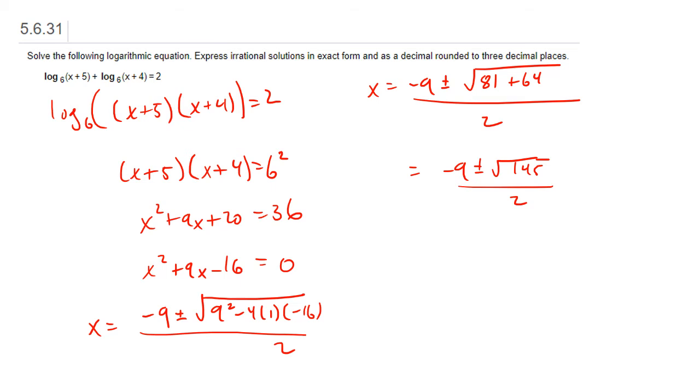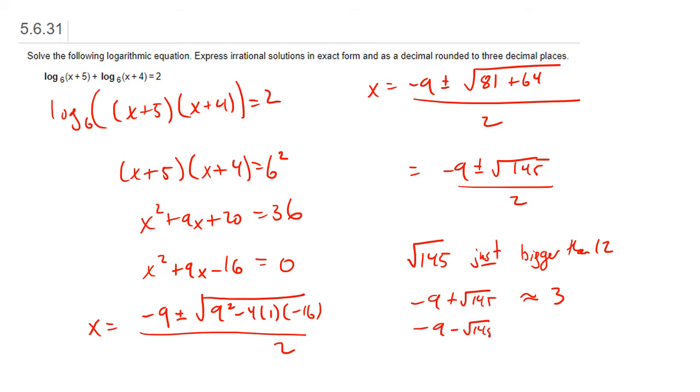However, I do know that the square root of 145 is just a bit bigger than 12. This is barely larger than the square root of 144. In other words, negative 9 plus root 145 is going to be approximately 3, and negative 9 minus root 145 is going to be approximately negative 21.